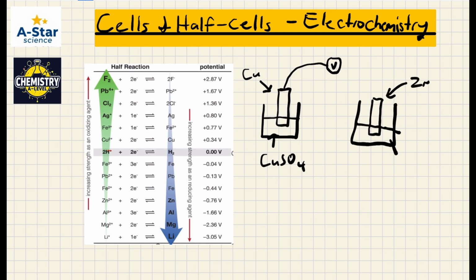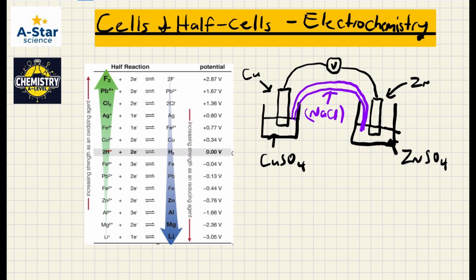And we had an electrolyte here of zinc sulfate, like so. And then we used a salt bridge, like that, which had sodium chloride as an electrolyte to connect them. And we were trying to figure out which way the electrons would go.